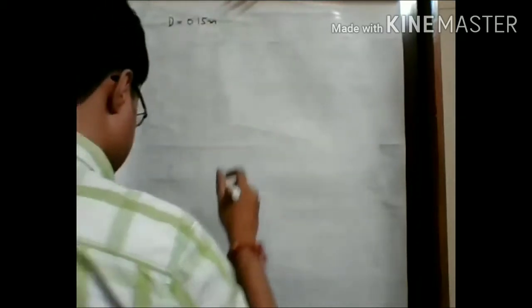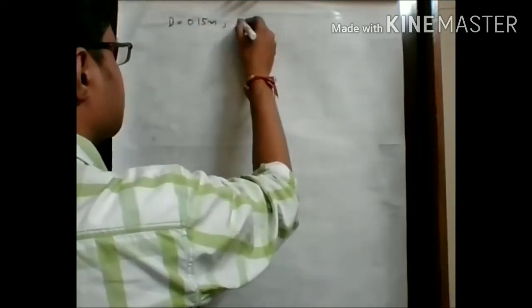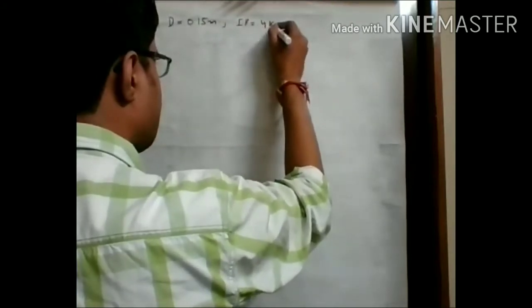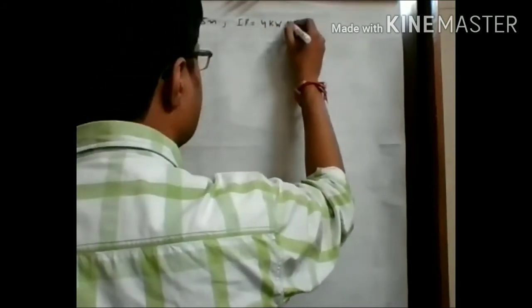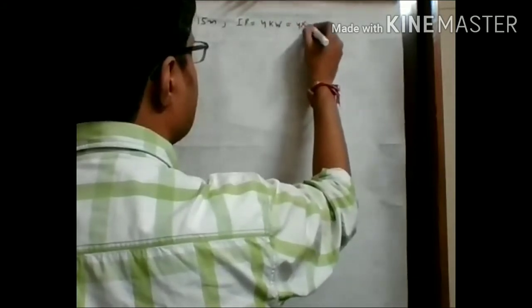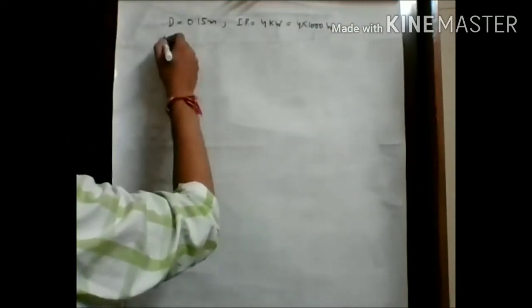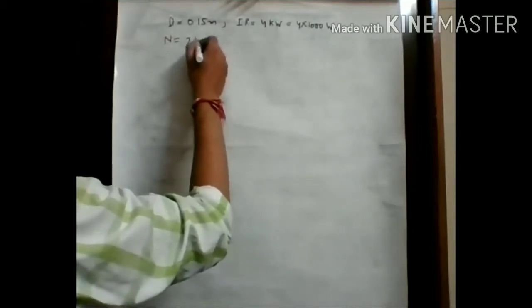So firstly, we write some given quantities. Diameter of bore is given, 0.15 meter. Indicating power is given, that is equal to 4 kilowatt. If we convert this value into watt, that is 4 multiplied by 1000. Speed, that means N value, is 216 RPM.